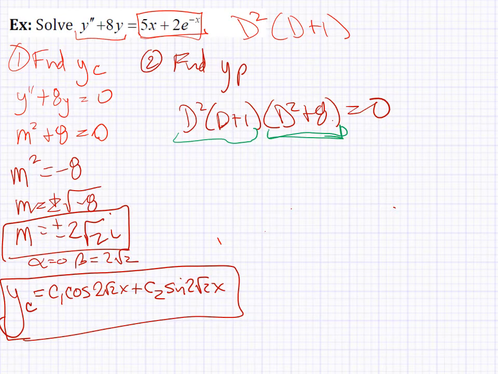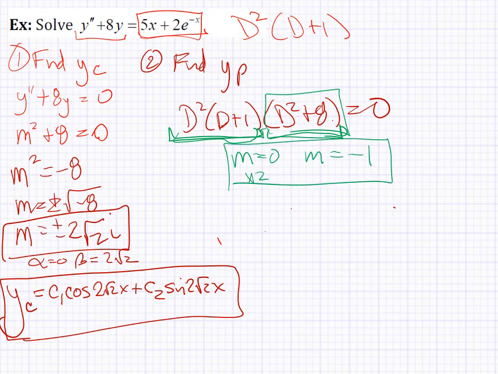And if we're going to pull out the y sub c, then y sub p is only going to be created by using the new piece with, again, no repetition or anything to worry about with the original. And so I think we could jump to the fact that the m equals 0 times 2 and the m equals negative 1 are the new roots, and therefore that's going to form my y sub p.